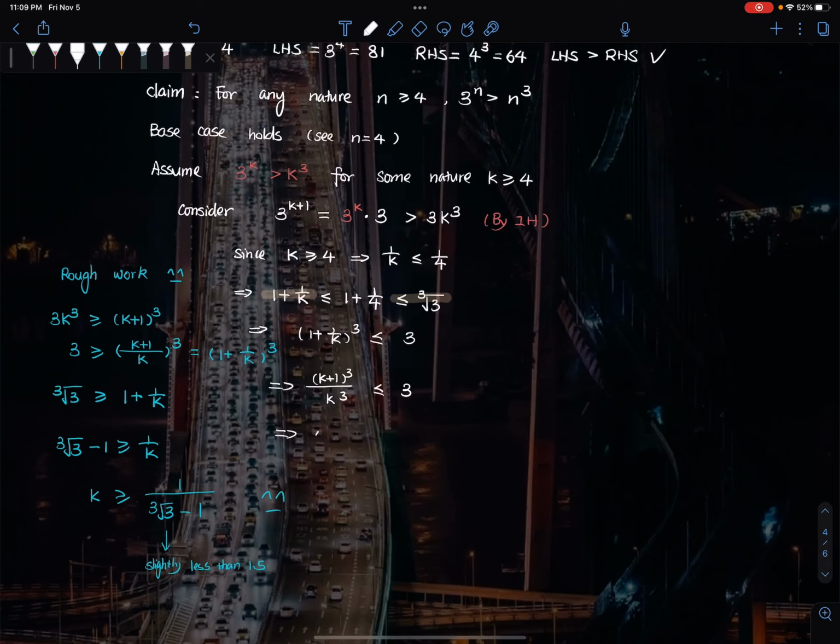So (k+1)^3 is less than or equal to 3k^3. We know this is less than 3^(k+1). So I proved that 3^(k+1) is greater than (k+1)^3.